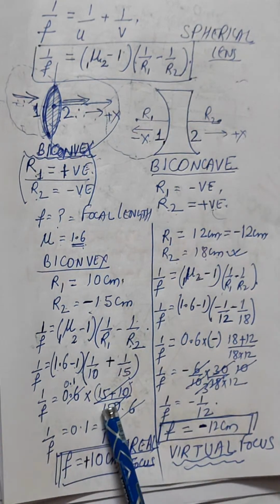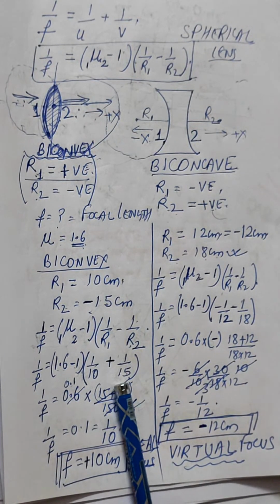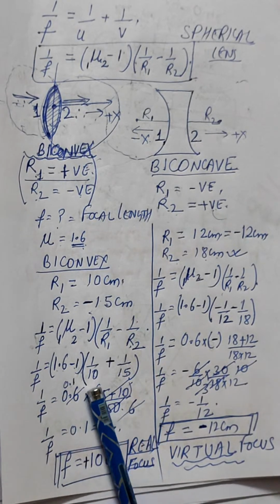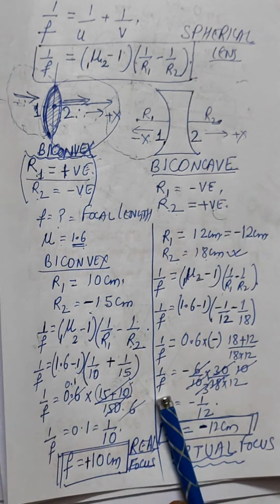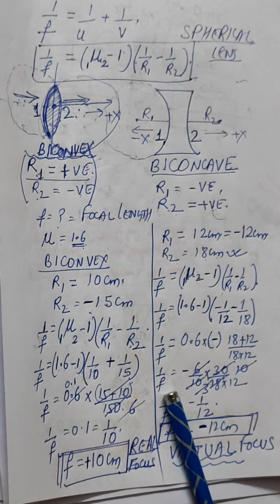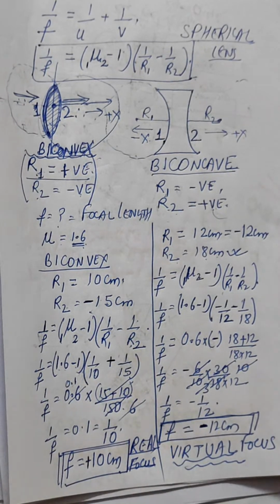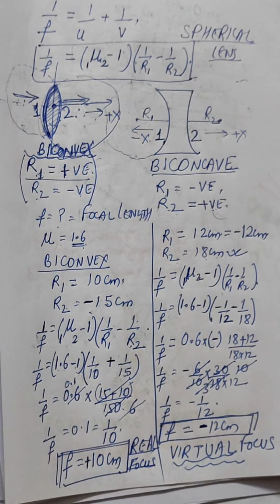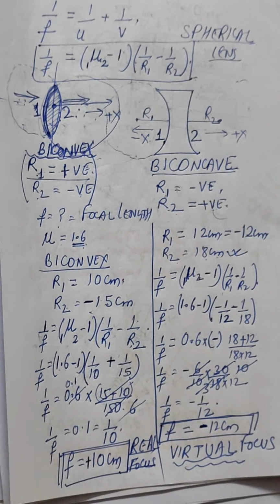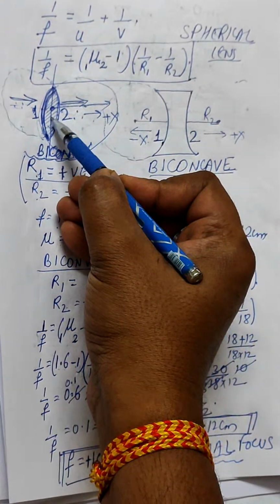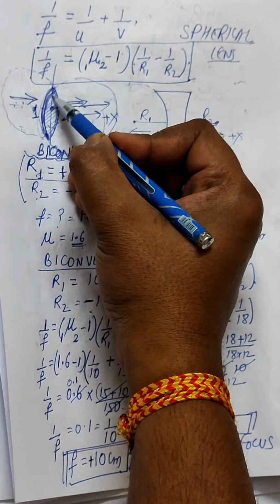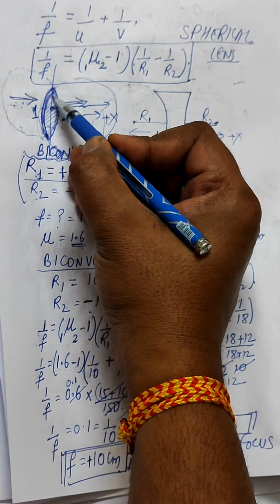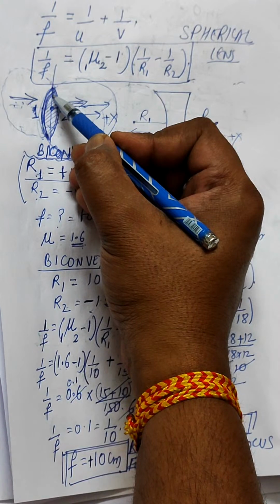So in this way we have seen that for any spherical lens, a spherical lens is a refractive medium bounded by two spherical surfaces.